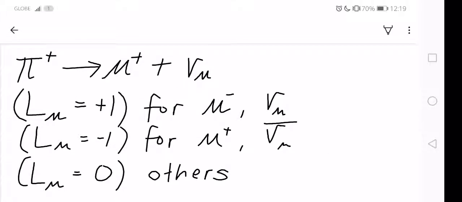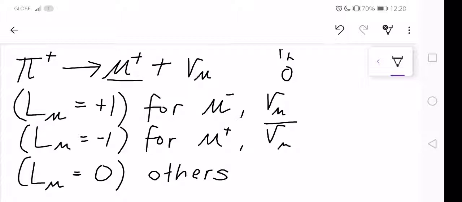So this reaction is possible. This pion plus decays into a muon plus and a muon neutrino. The pion plus has a 0 muon lepton number, so initially it's 0.